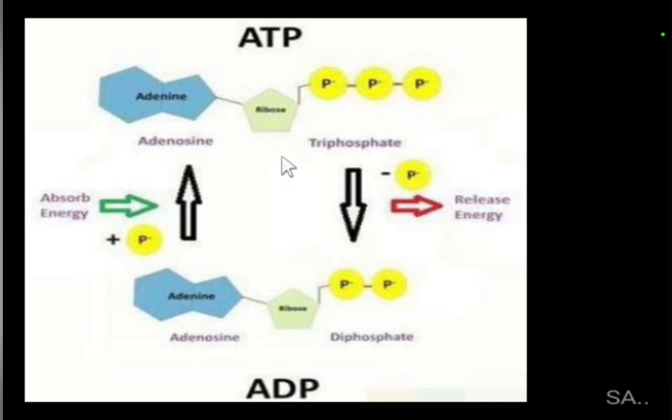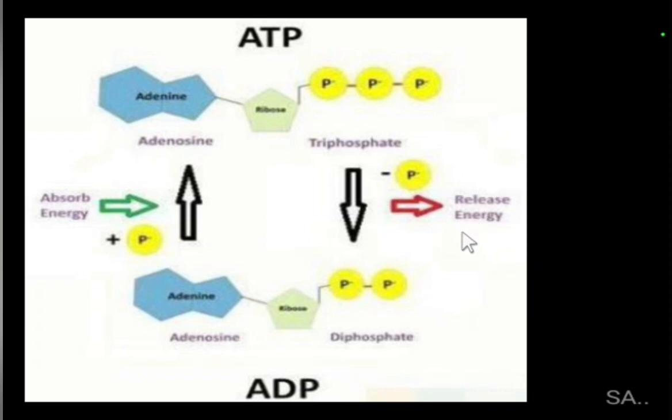This is one molecule of adenosine triphosphate. It is made up of adenine, which is a nitrogenous base, a ribose sugar, and three phosphate molecules. When adenosine triphosphate loses its phosphate group, it releases energy.